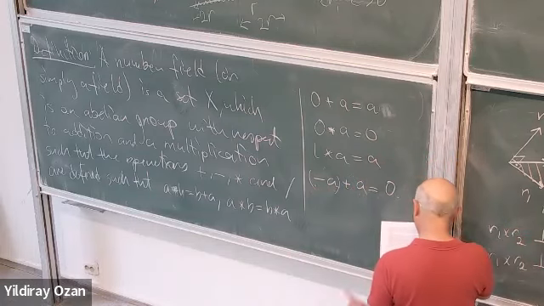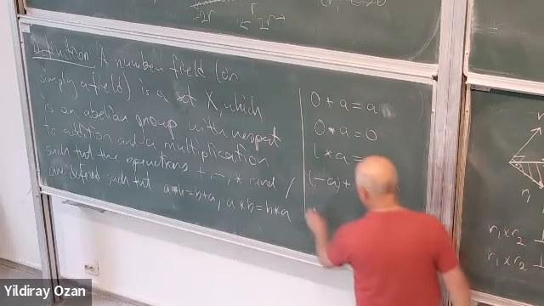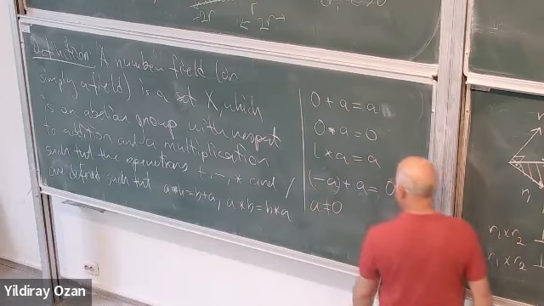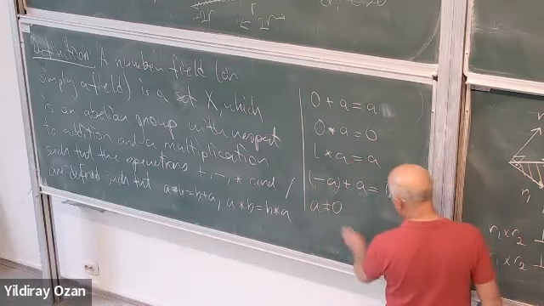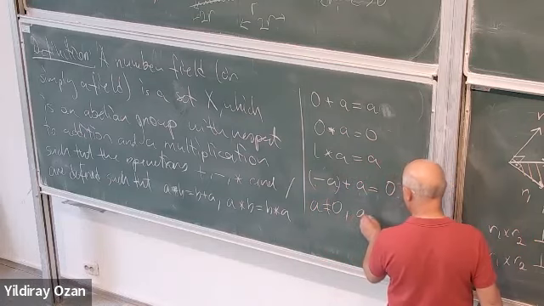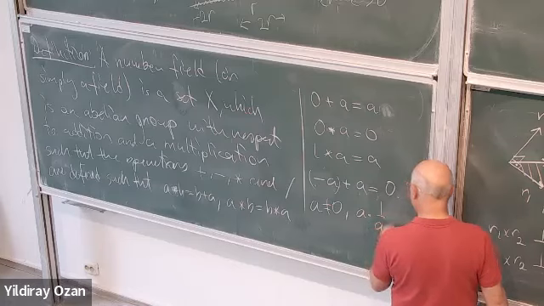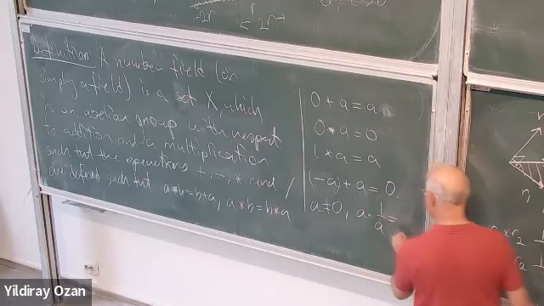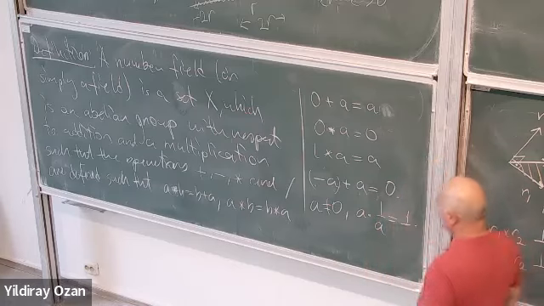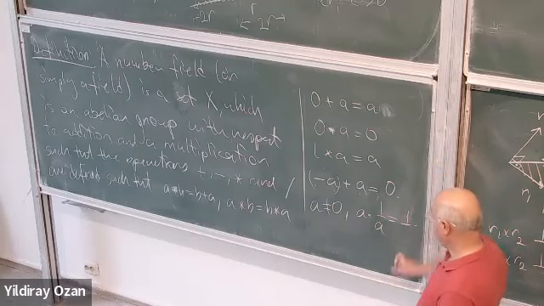And any element other than 0 has a multiplicative inverse in a field. So A times its so-called 1 over A in that field is just 1. So any element other than 0 should have an inverse.